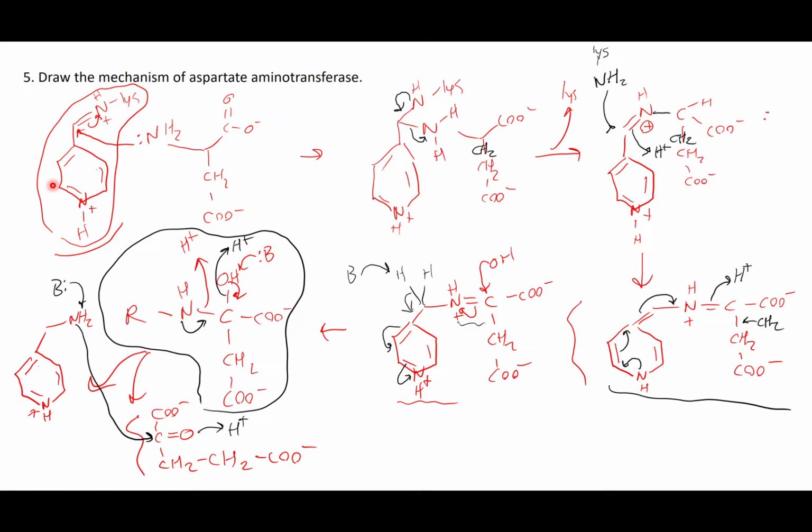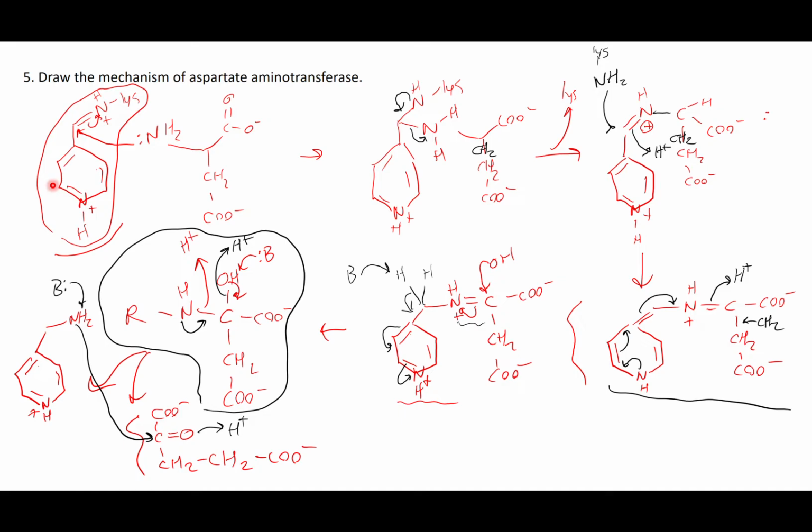All right, now as you move through the mechanism here, I'm trying to remember the other things. So the first part of this is basically an imine exchange. We have our nitrogen attack the PLP cofactor, and this occurs in 2 steps.